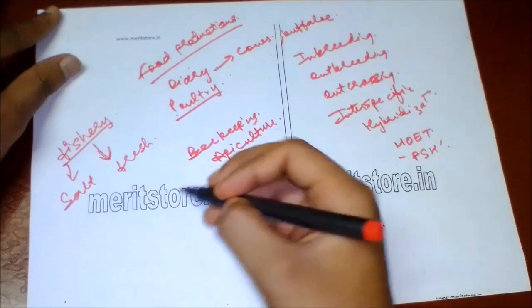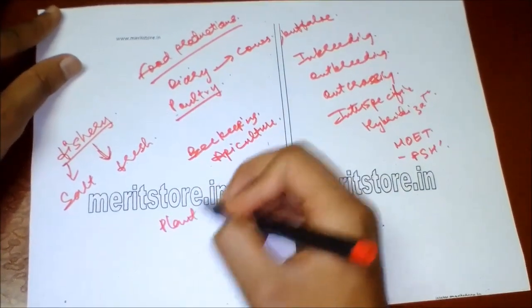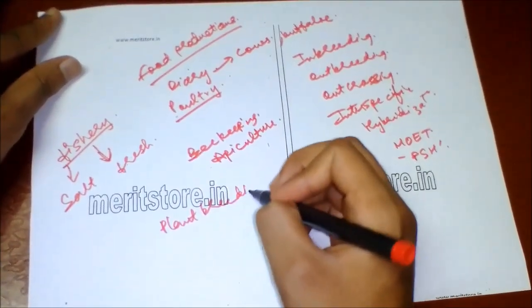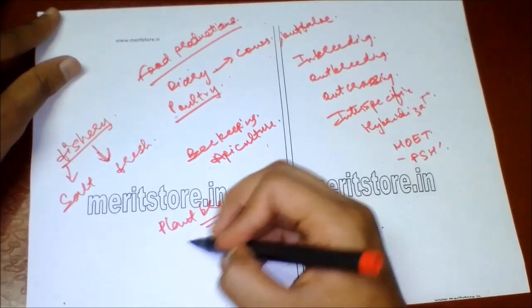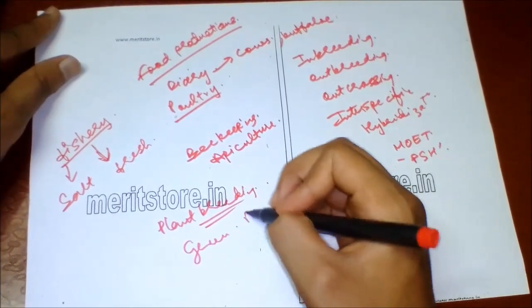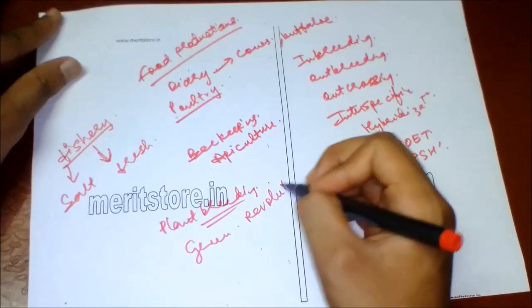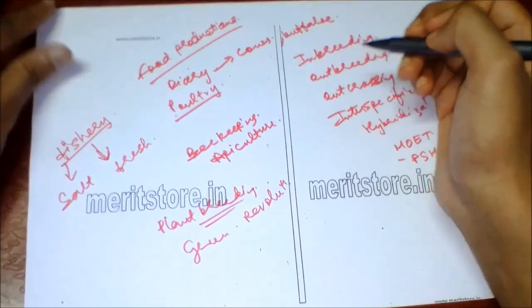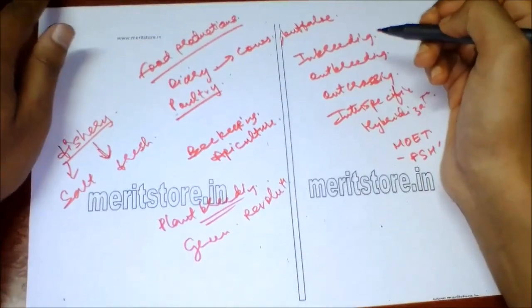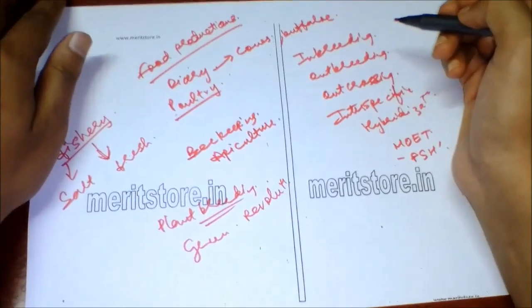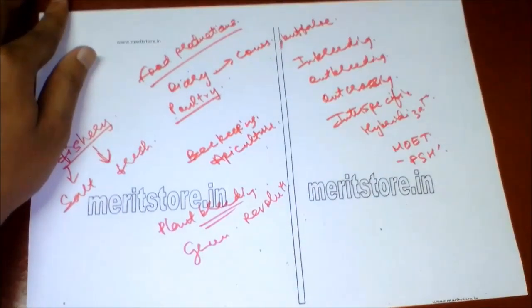After this comes the plant breeding technique, the green revolution. It was given by Dr. Norman Borlaug. And the white revolution, the year in which green and white revolution was given.